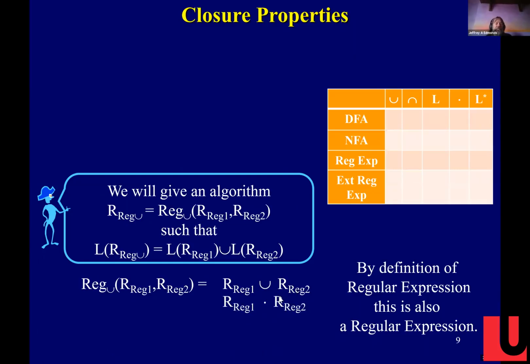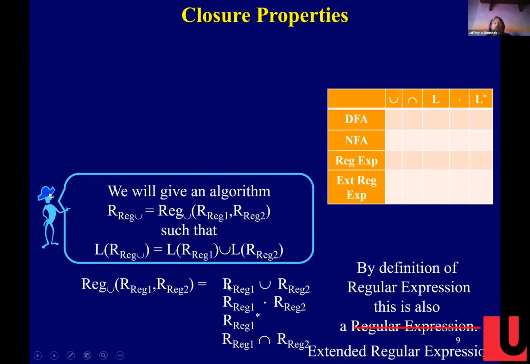And the same is true for concatenation and for star. Now, what about intersection? Intersection isn't a regular expression operation. It's an extended regular expression thing. So if we go to extended regular expressions, then they're closed under all of these things.